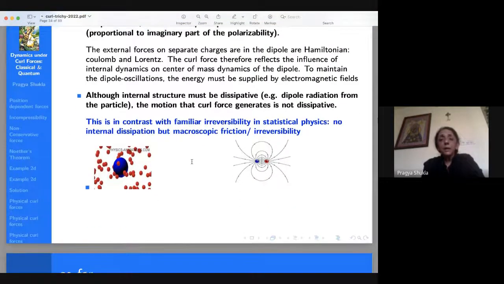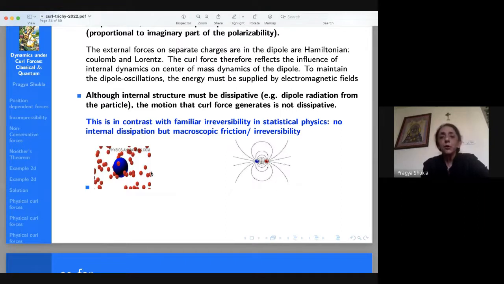Now I won't have much time because there are still so many things I need to say. But let me just flash to you, if you already know this. This is in contrast with familiar irreversibility in Brownian motion. In Brownian motion, a big particle is moving in the field of small particles, and these small particles are applying frictional forces.